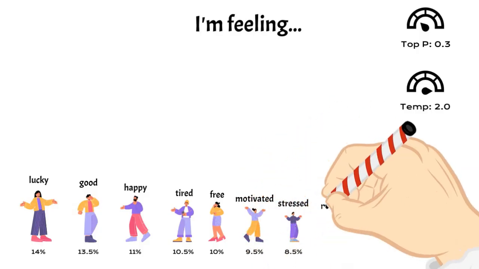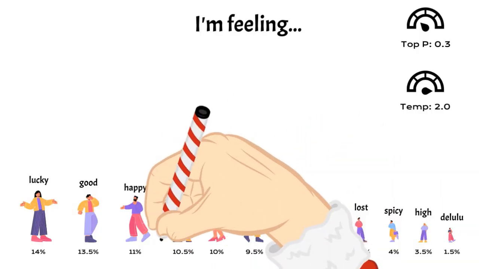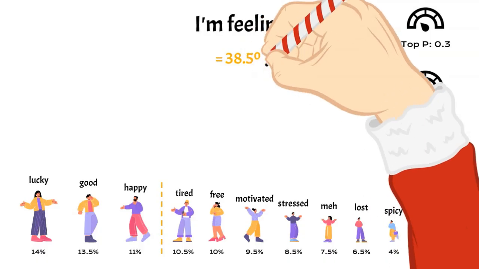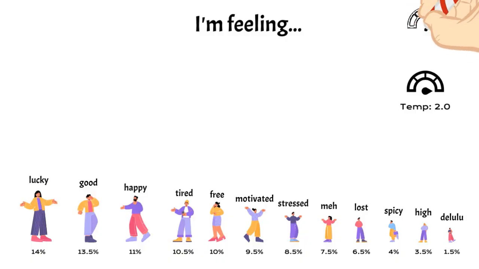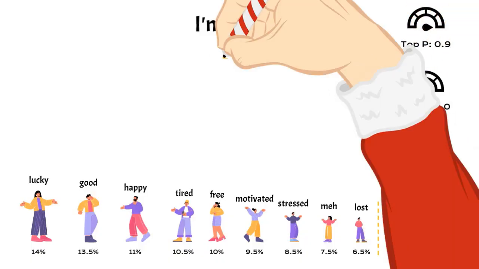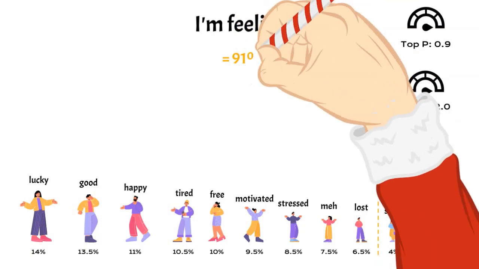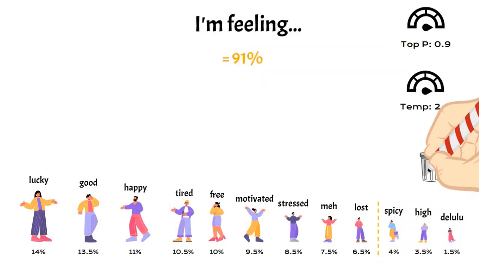Even our top P of 0.3, which is very restrictive, allows more words to get through the gate. And if we bump our top P to 0.9, again out of 1, we will get a very creative model. With an extremely high temperature and a high top P value, almost all the words the model could choose from are competitive and make it into the selection pool.